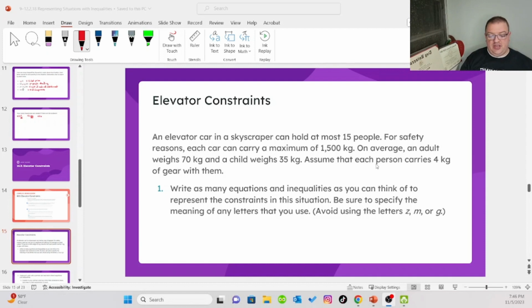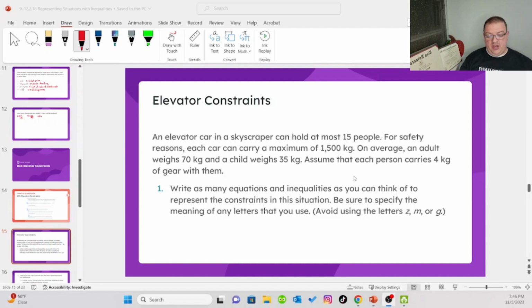On average, an adult weighs 70 kilograms and a child weighs 35 kilograms. Assume that each person carries 4 kilograms of gear with them. Number 1, write as many equations and inequalities as you can think of to represent the constraints in this situation. Be sure to specify the meaning of any letters that you use. Avoid using the letters Z, M, or G.